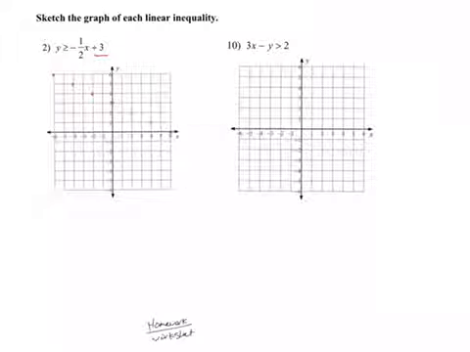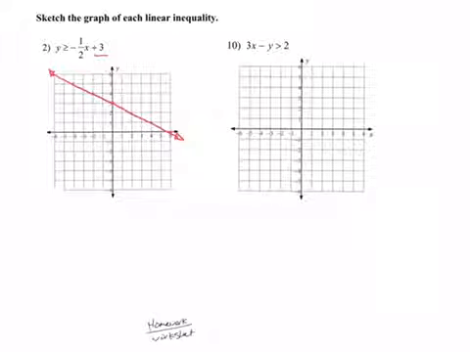And then I'm looking right here, and I know that I should have a solid line. So I'm going to connect these as best I can. Whenever you're doing this on a piece of paper, you should probably use a ruler or a straight edge of some kind to make those lines nice and straight. And since this is or equal to, that means any point along this line will make this true. So that's why I colored it in solid.